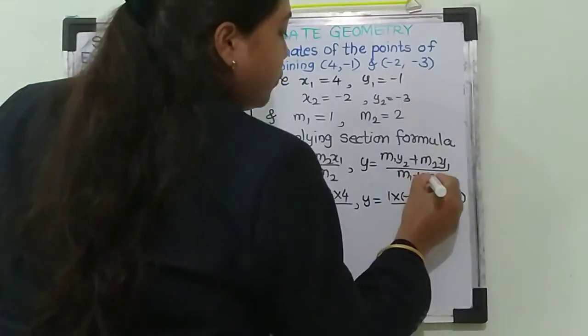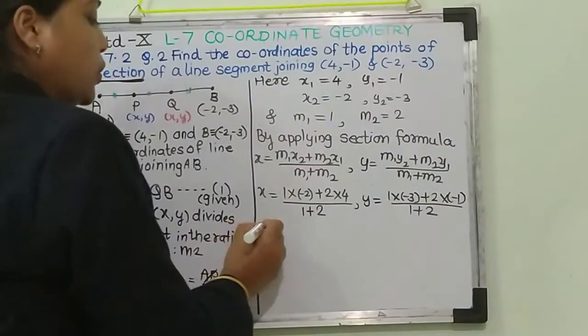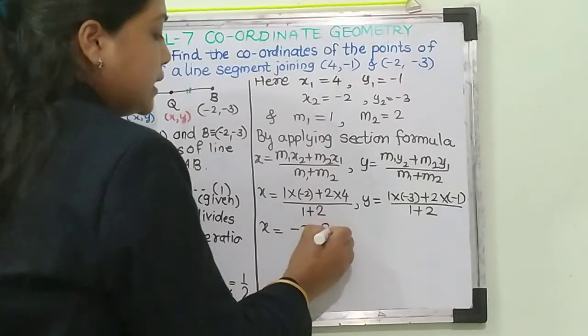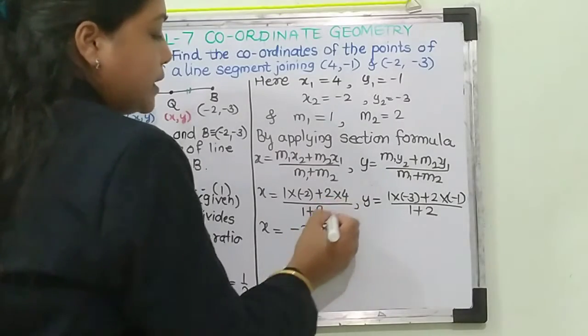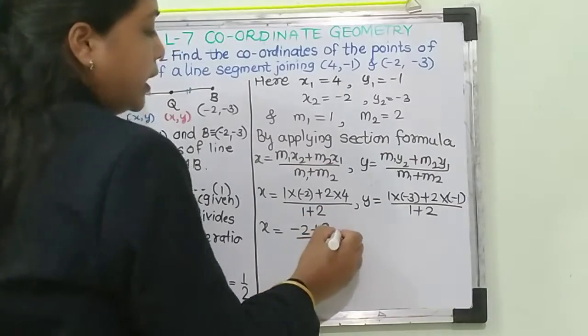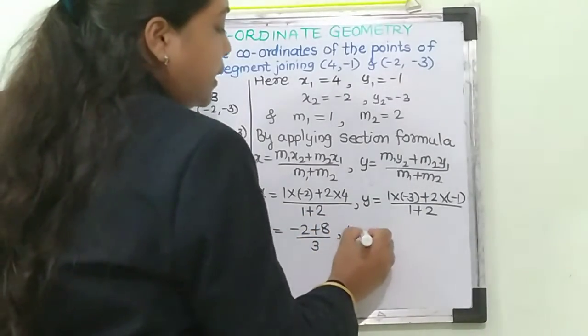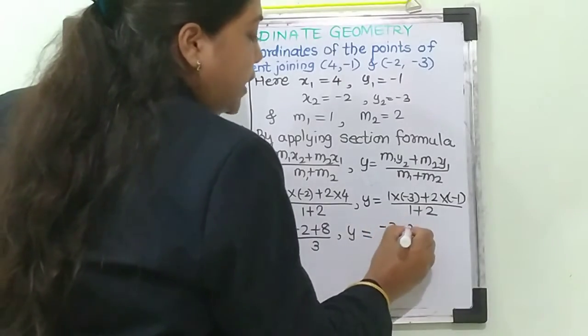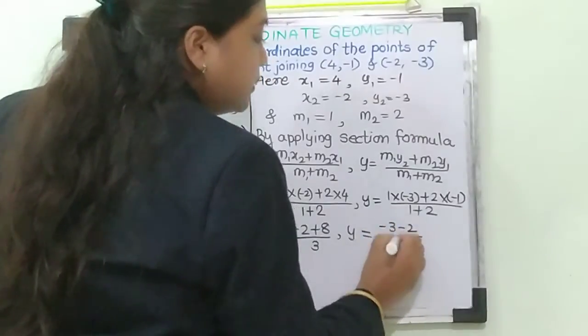So we get x equals -2 plus 8, since 4 twos are 8, upon 1 plus 2, that is 3, and y equals -3 minus 2 upon 3.